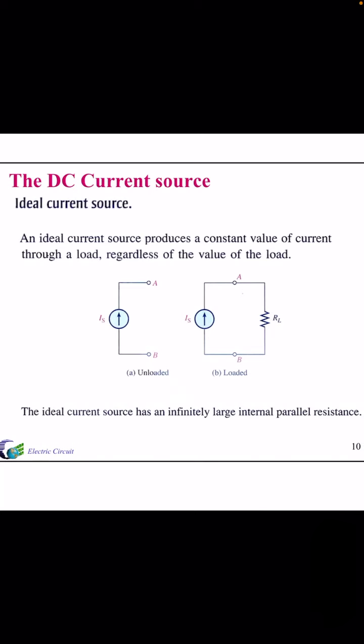So now we have discussed that an ideal voltage source will have 0 internal resistance, whereas on the contrary, an ideal DC current source will have an infinite internal resistance.